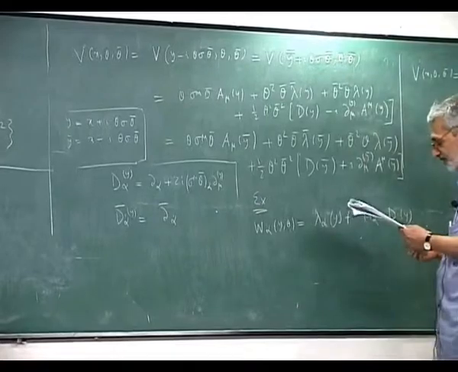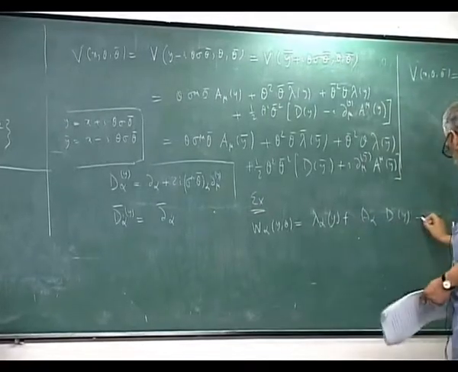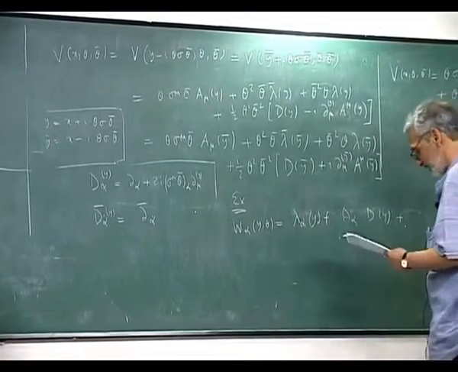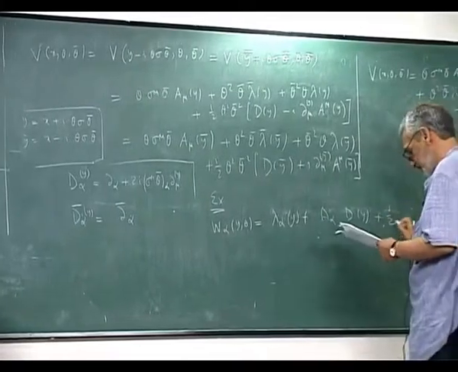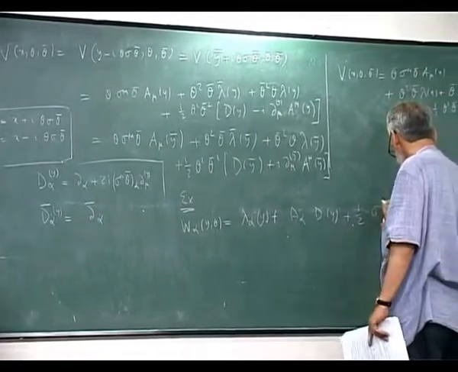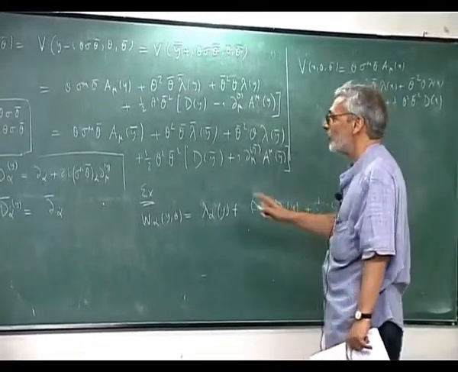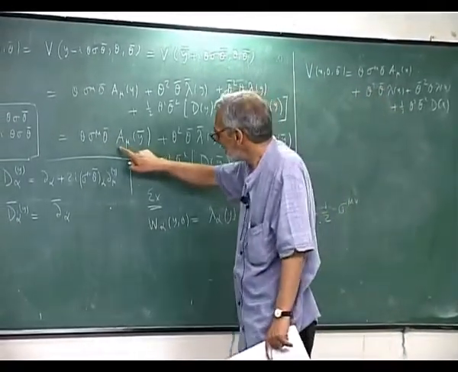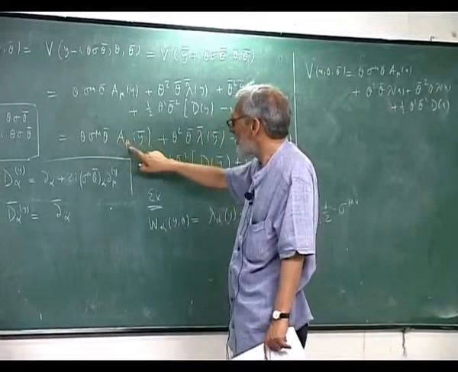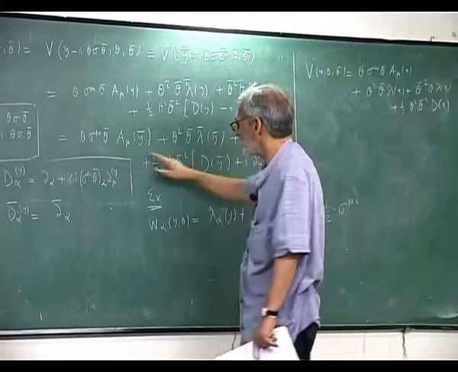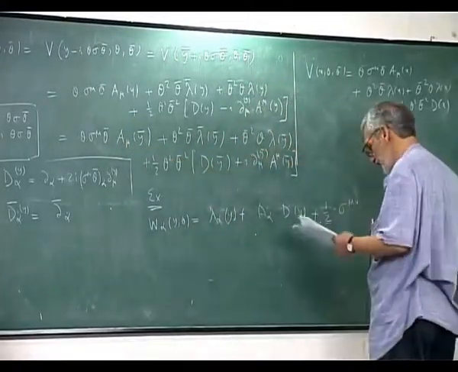So we'll have this, and in addition, in fact, there'll be two terms. One will be derivative of A mu, and if you do the sigma algebra, there will be one term of this kind, and the other term will be of this kind that I'm writing here.